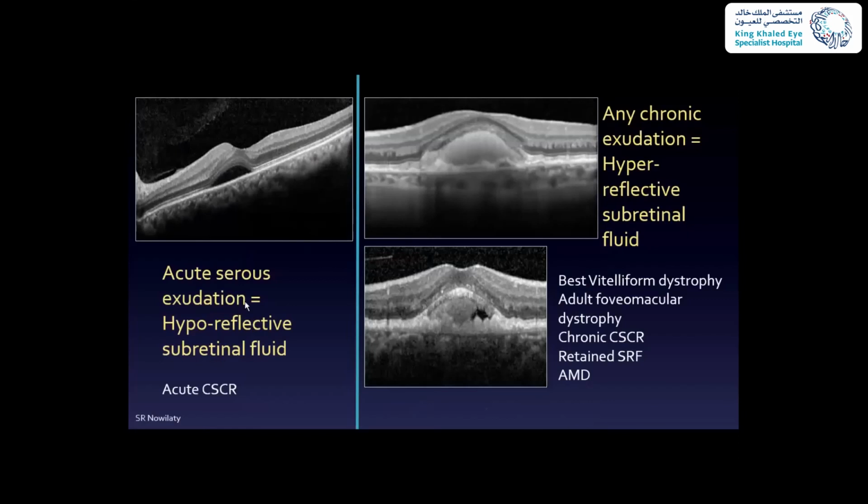So basically what I'm trying to tell you here is that any chronic exudation, whether it's due to CSR or inflammation or Best vitelliform dystrophy or even AMD, anytime that you have a subretinal fluid that stays too long, it doesn't stay hyporeflective anymore. It starts to become hyperreflective because fluorophores from the discs of the photoreceptors accumulate in that area and the RPE is unable to cope.